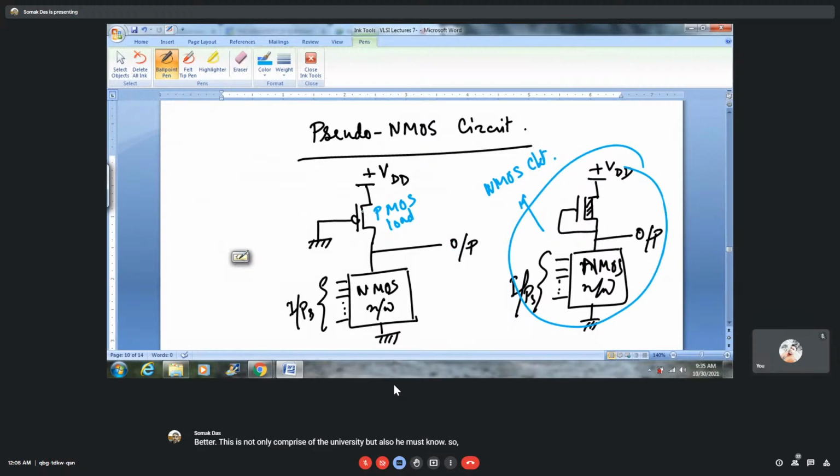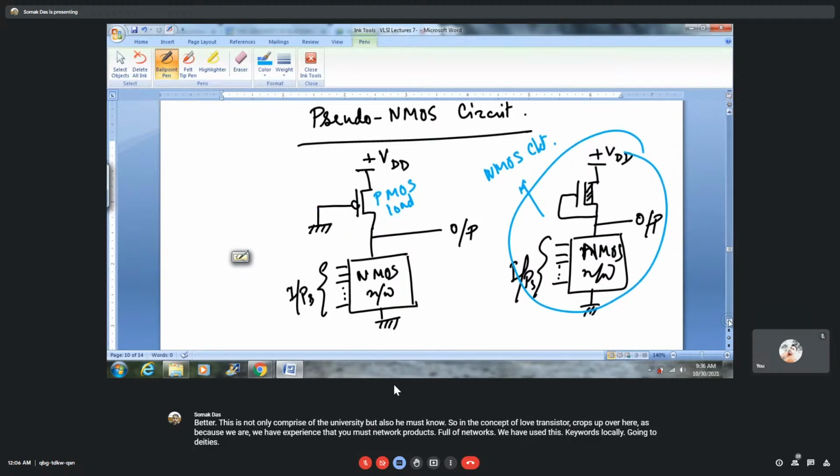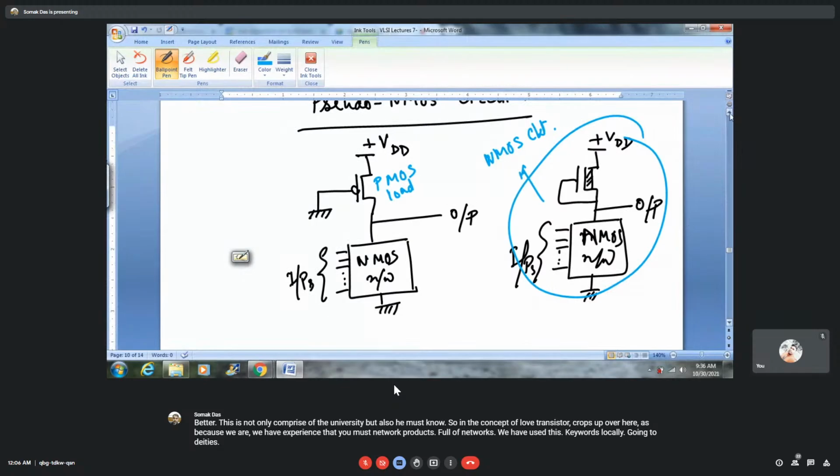Again, the concept of load transistor crops up over here, because we have replaced the PMOS network or pull-up network, and we have used this PMOS load transistor, the single transistor, whose gate is grounded. This gate is grounded.